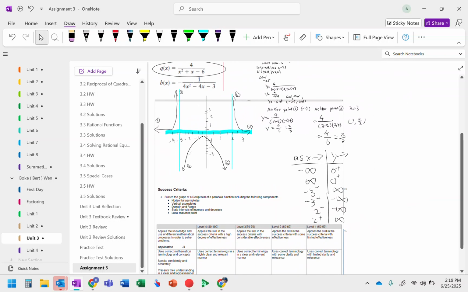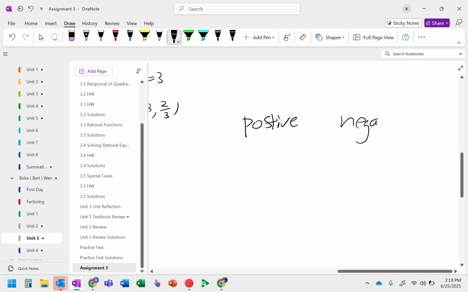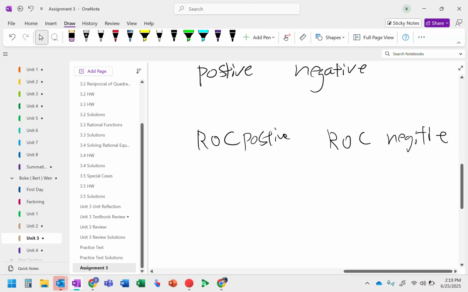All right, next, we're going to do our positive, negative, rock, positive rate of change, negative rate of change, and rate of change increase, and rate of change decrease.